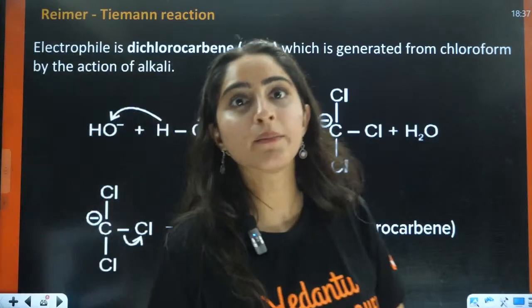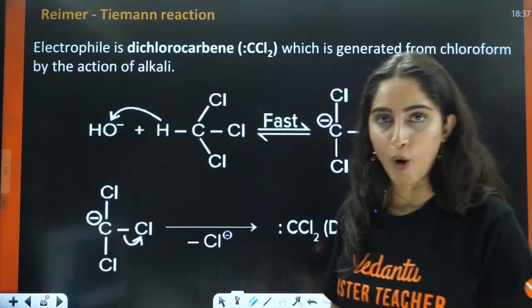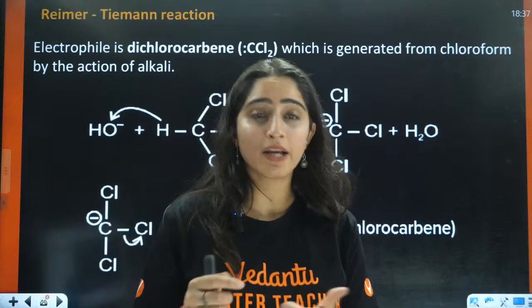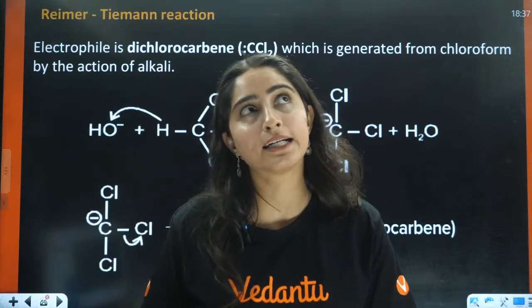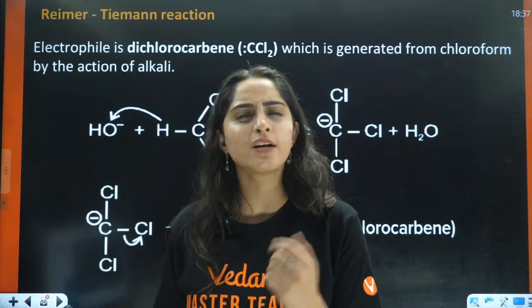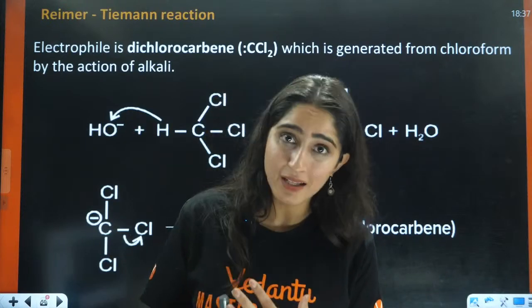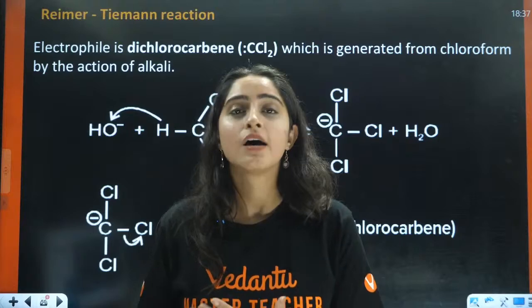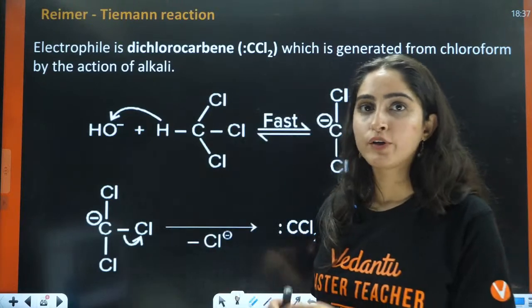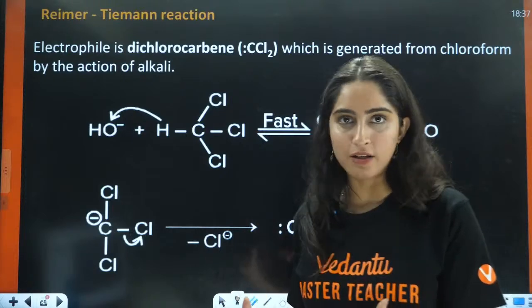So let us see the mechanism in detail, because it is important. Some of the mechanisms in chemistry, especially in alcohols, phenols, and ethers, and some in aldehydes, ketones, carboxylic acids, and one or two mechanisms in amines like the carbylamine test, are very, very important. When we talk about competitive exams also, that is important.